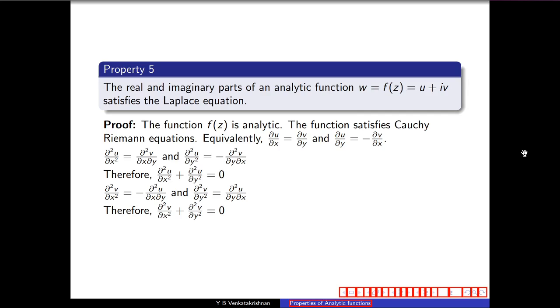So as a summary of the content that has been given to you in this lecture, we discussed the 5 properties of an analytic function. And of course, I had given you a problem which follows the lines of properties 1 and 2. What is property 1?